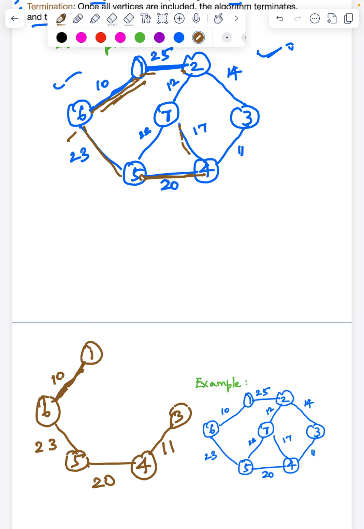So that is the min cost fringe, right? So we take 2, which is 14. Remember we have visited 1, 6, 5, 4, 3, and now 2 also.